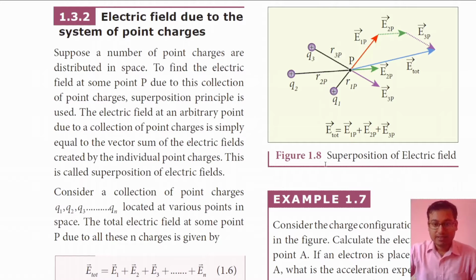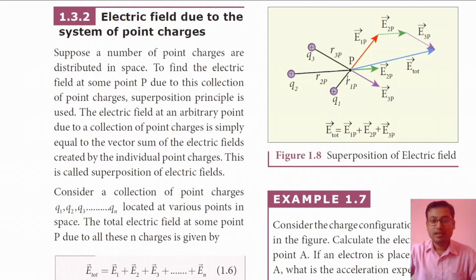As you can see in figure 1.8 here, we have 3 point charges. They are Q1, Q2 and Q3. At point P, suppose there is a source charge, a positive charge. All these three charges Q1, Q2, Q3 are positive, because of that they will repel the source charge.